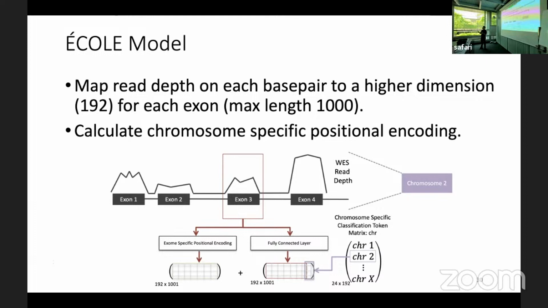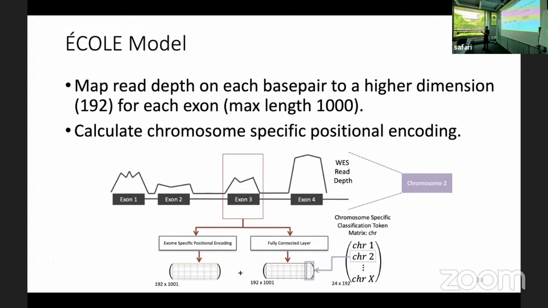So in the recurrent neural network, I knew that the read depth before or after is affecting my decision, my embedding. But here the model doesn't know. The transformer model is not recurrent, so it doesn't know the values of the read depth before or after.